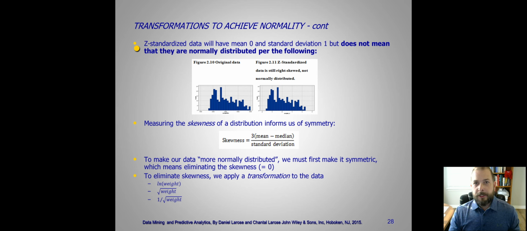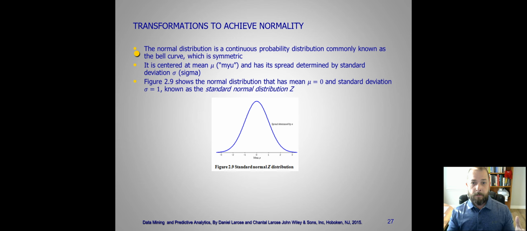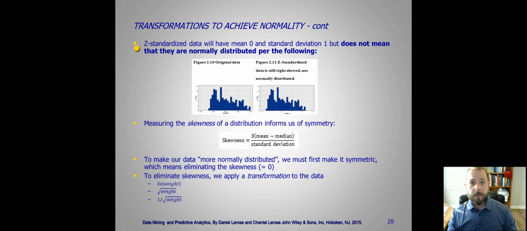There are transformations to be able to achieve normality, because most of the data sets that we're going to be dealing with are not going to be this beautiful bell curve, normally distributed around the mean, all right? Most of the time, we're going to be dealing with skewed data, all right? And so there are a couple different ways to measure skewness, all right?